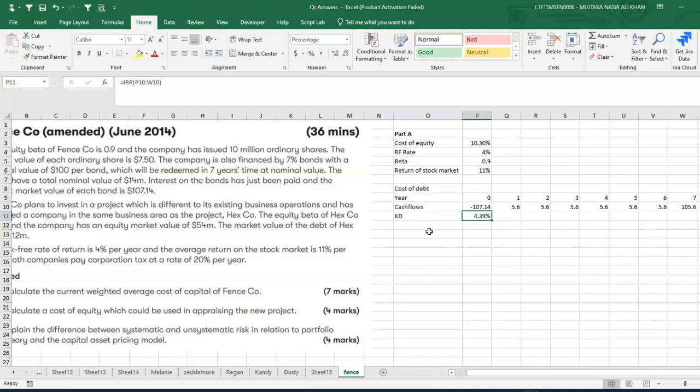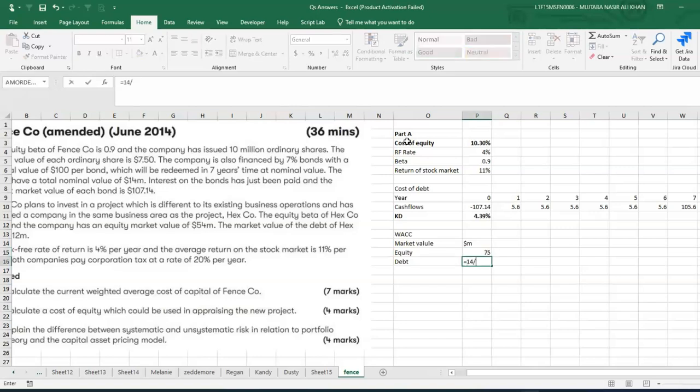So we have calculated stock market cost of equity. We have calculated KD. Now let's calculate the WACC. Let me write the market values. Okay. Equity number of shares are given, 10 million, into 7.5 is the market value per share. Debt book value is given, 14 million. Par value is 100.